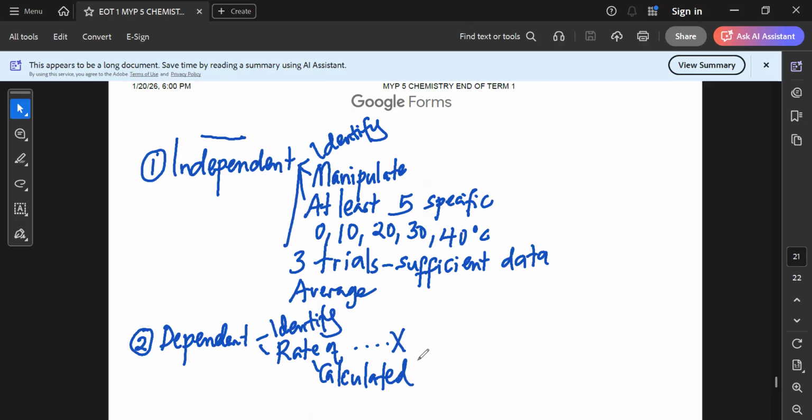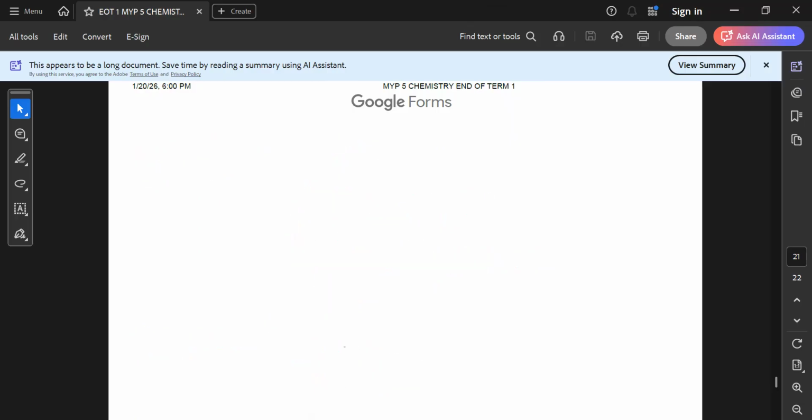Hope you're writing down. Then number 3, when you leave the dependent variable, there's something else that you must know as well. That's called control variables. Now, in an experiment, there are other factors.